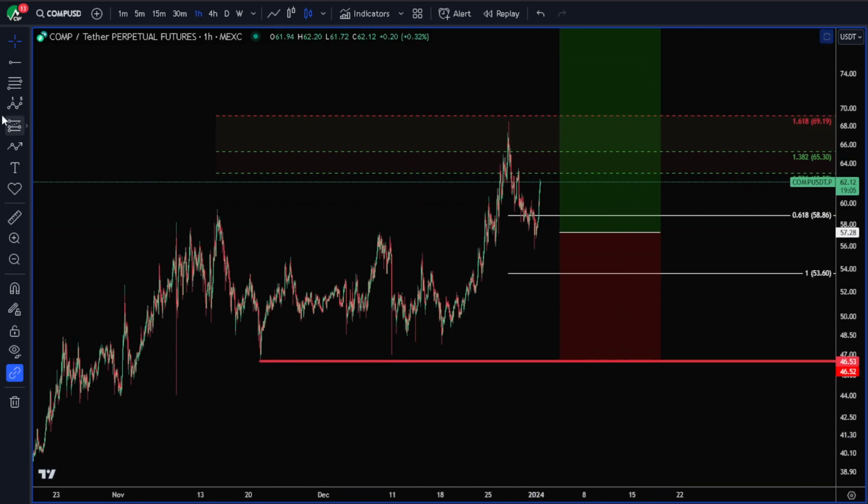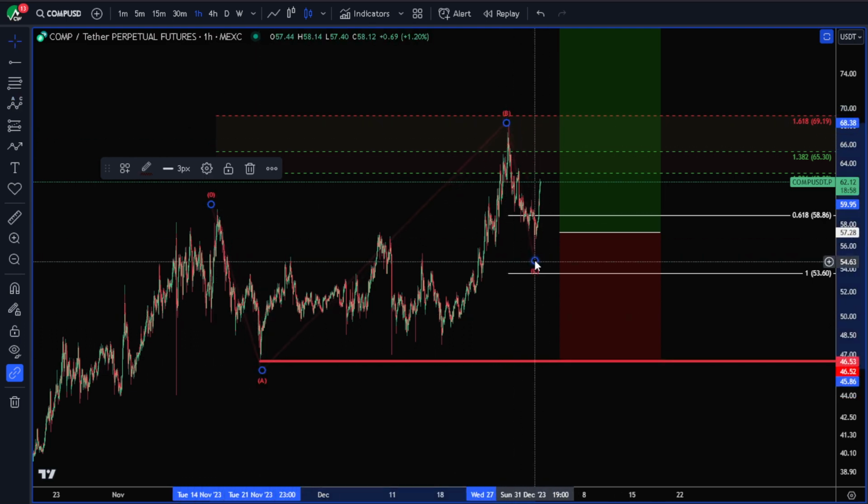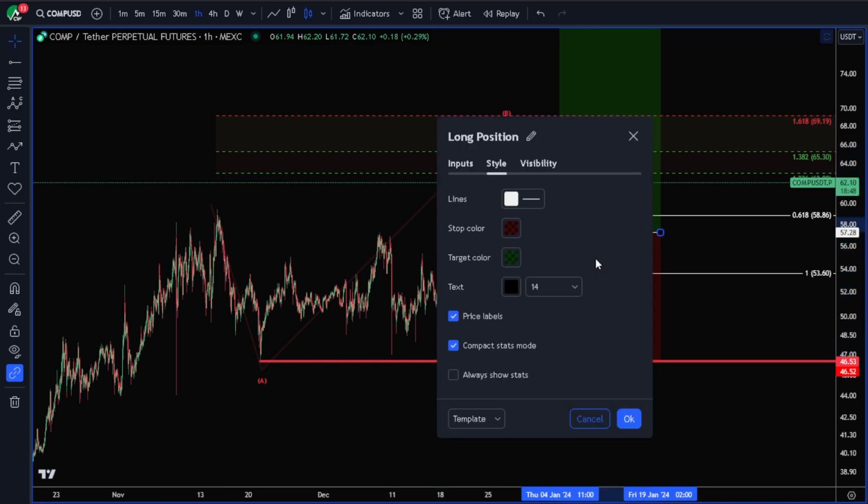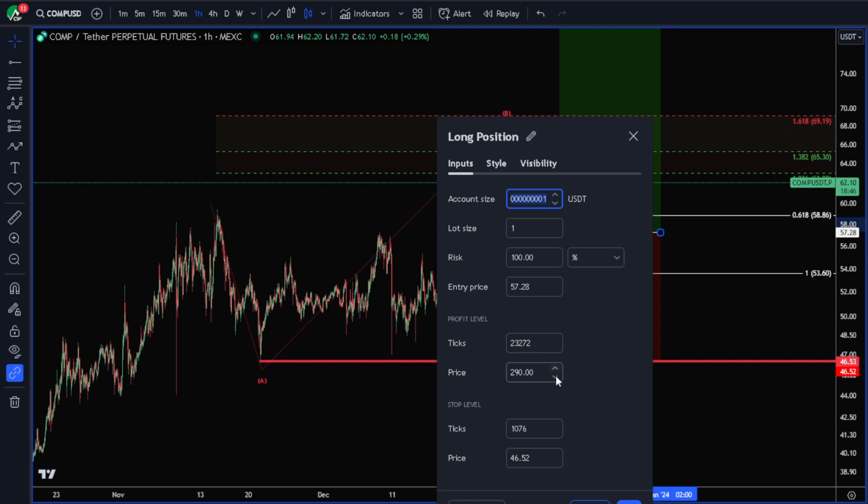So this is our ABC, should be complete if this count is going to stay intact. There was our box. My entry was right there at, oh, sorry, that's my risk reward. I'm just looking at my trade setup here.